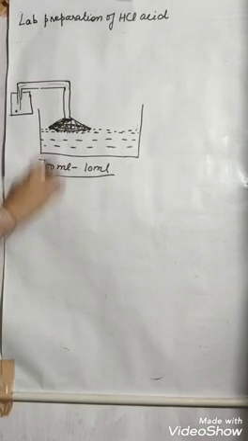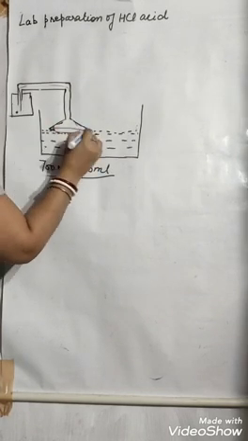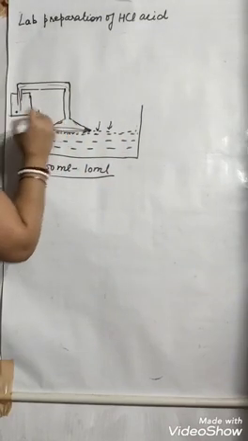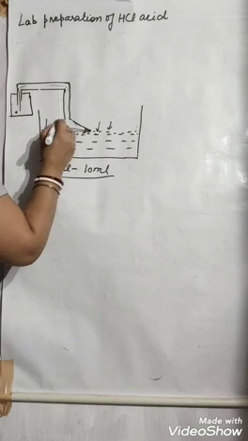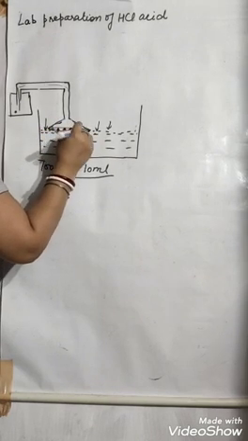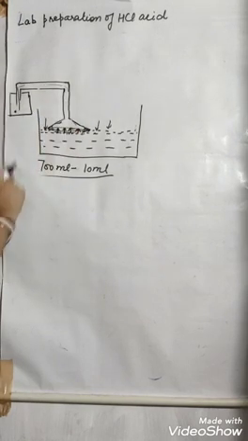But the thing is, this will take time. Here, atmospheric pressure comes into play. HCl is highly soluble in water, so water will start going inside, because vacuum will be created inside this funnel.